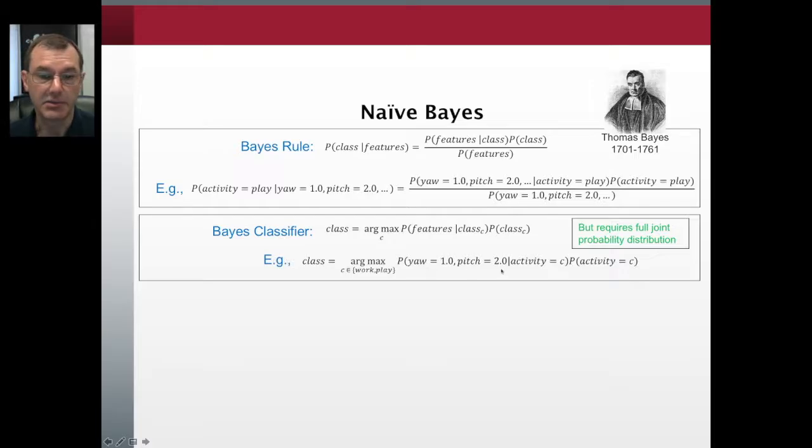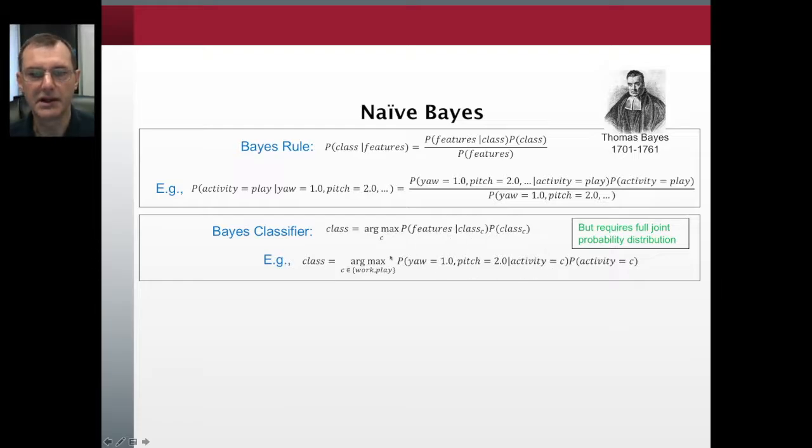So as an example, again, if we wanted to compute the class given a particular set of features, we can use Bayes' rule to compute the probability that those features would show up given a particular class value times the prior probability of the class.